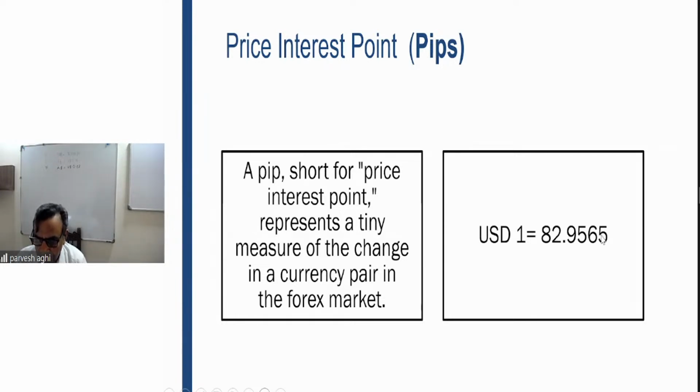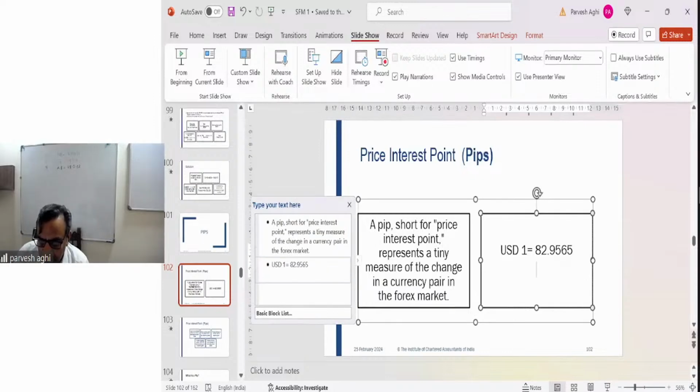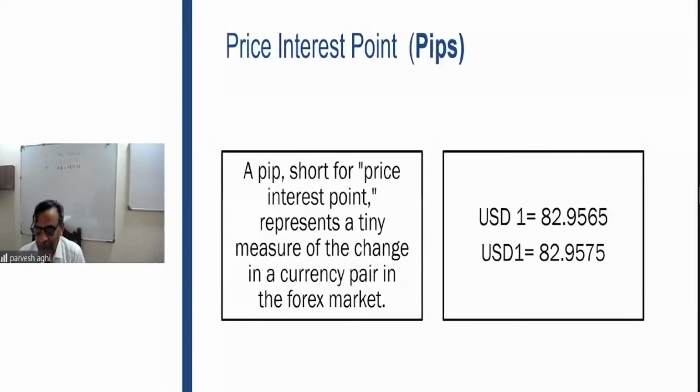Now suppose after some time, because the price is going to change every second or every minute, suppose it goes to 82.9575. So here the price has moved by 10 pips. The price has gone up by 10 pips.